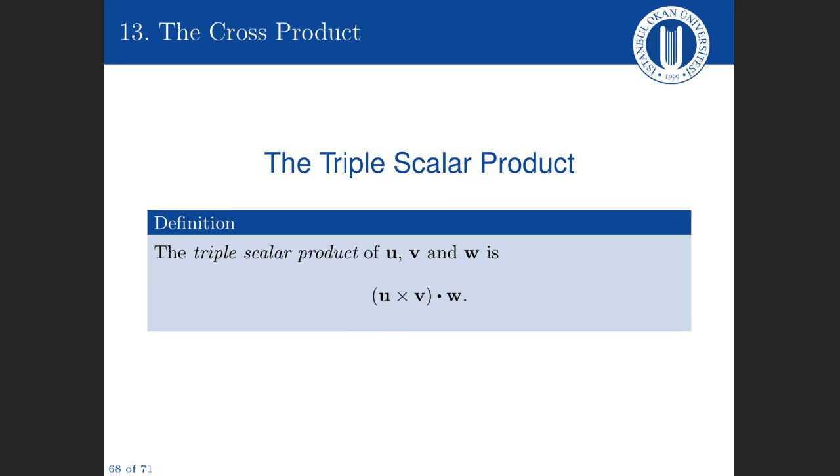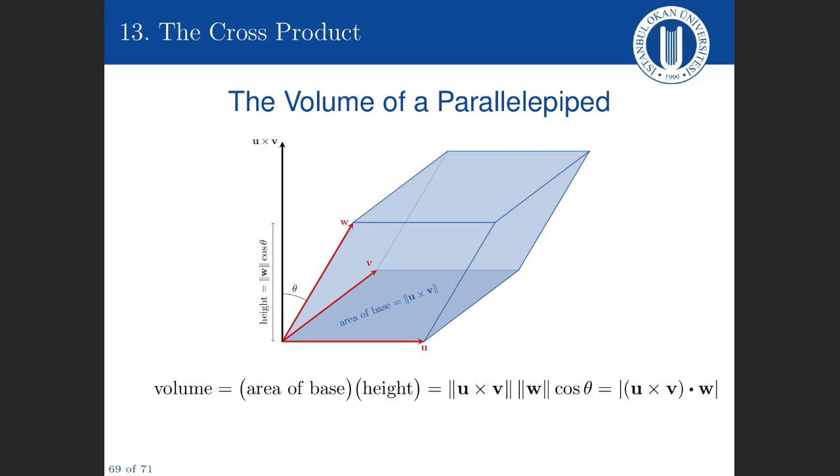We can do the cross product between two vectors and we get a vector. Okay, w is also a vector. We have vector dot vector. When we do vector dot vector, we get a number.